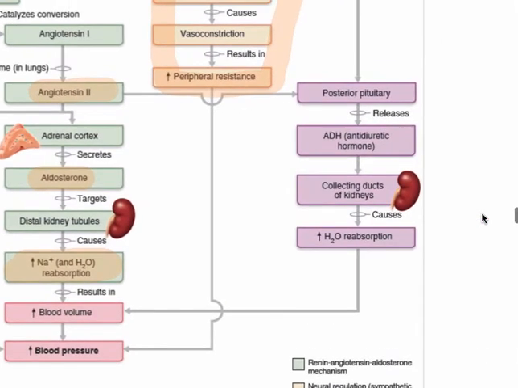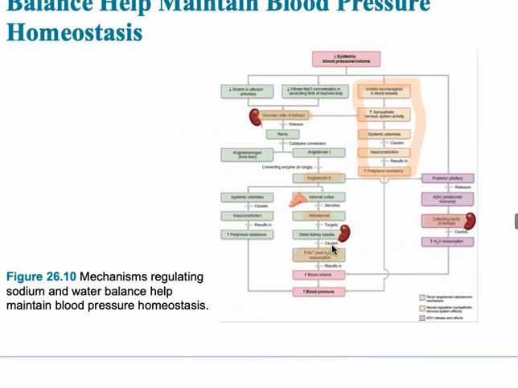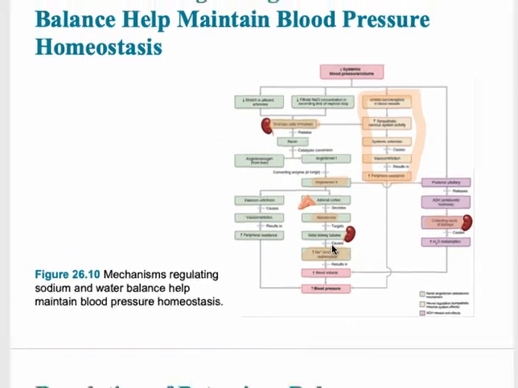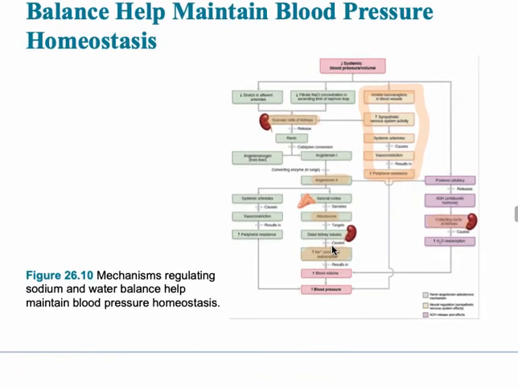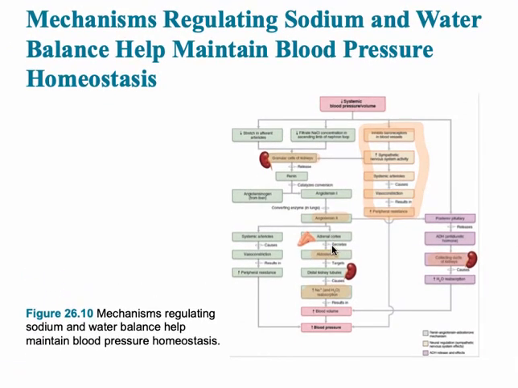And then finally, on the far right, we have the ADH pathway, which we've seen. ADH is stored in the posterior pituitary. So when it's released, it causes the collecting ducts of the kidneys to reabsorb more water, thus increasing blood volume. So there's multiple ways that the body works to increase blood pressure with these multitude of different hormones.